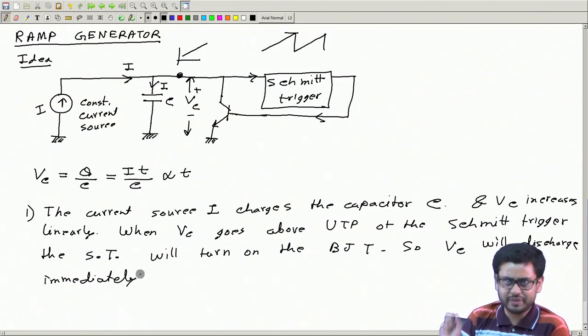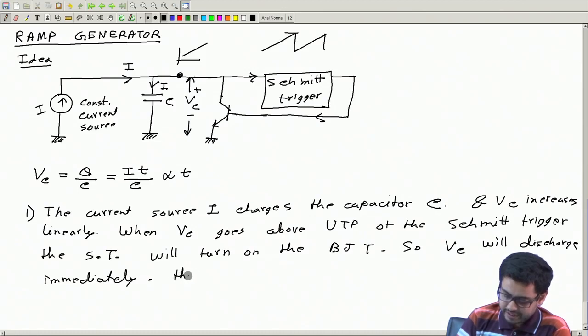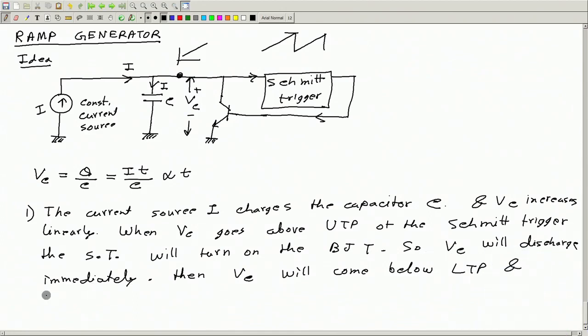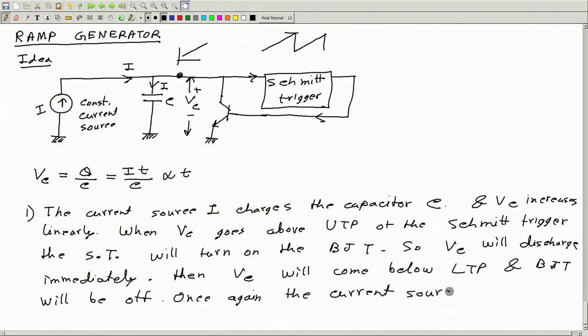Then Vc will come below the lower trigger point and the BJT will be off. Once again, the current source will start charging the capacitor. This is the idea.